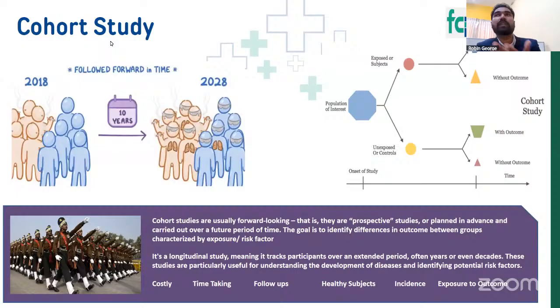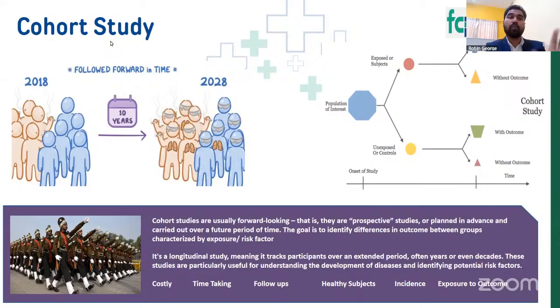That may be due to his genetics, his family history, or some other exposure. But 45 of the 50 nicotine smokers got lung cancer after 10 years. So I make an association between exposure and outcome. What is the exposure here? Smoking. What is the outcome? Lung cancer.